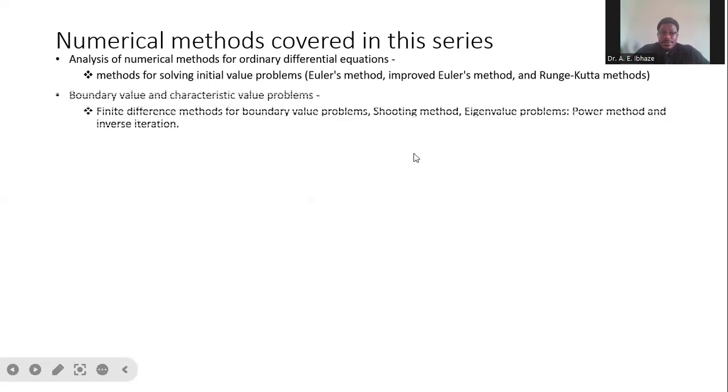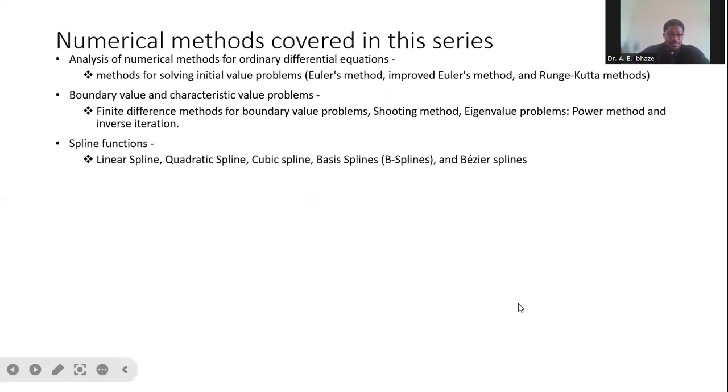And then we'll also look up the boundary value problems and the characteristic value problems, where we'll look up the finite difference method for the boundary value problems, the shooting methods, then the eigenvalue problems, where we'll consider the power method and the inverse iteration method.